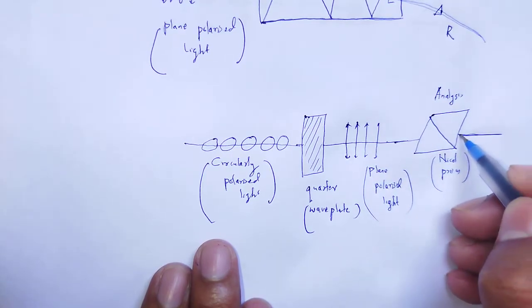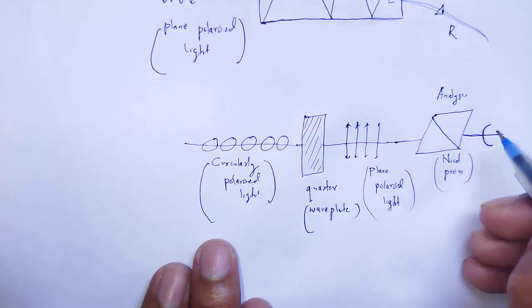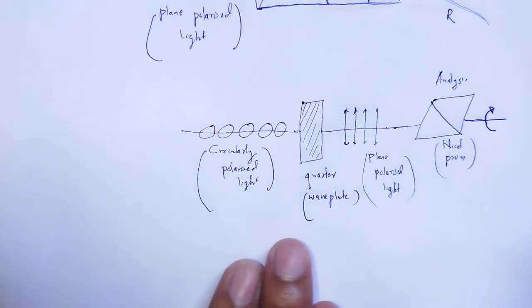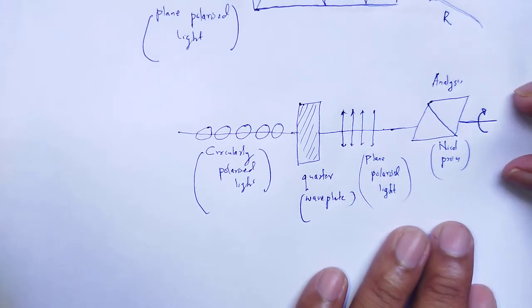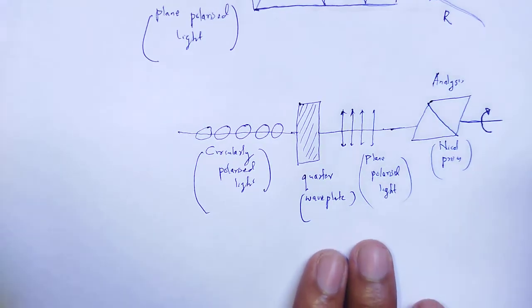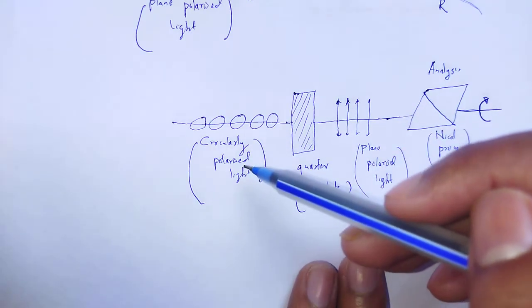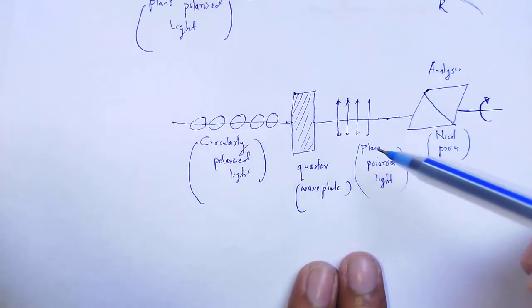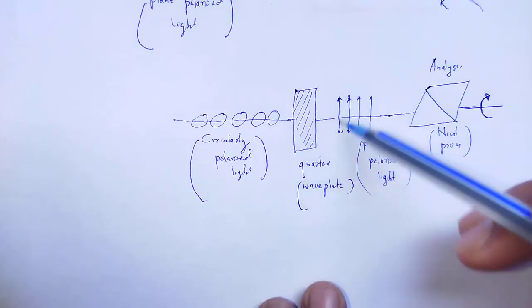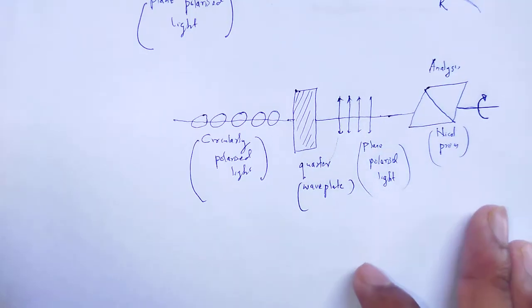If under a full rotation we obtain two maxima and two minima, then we confirm that this one is circularly polarized light as we entered through the quarter wave plate.